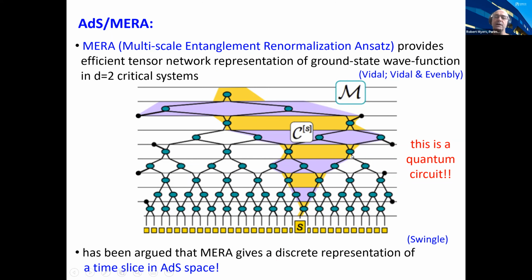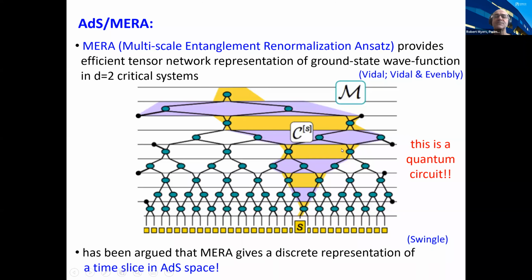One of the features that Guifre Vidal showed in his construction is that this object is really a quantum circuit. You can imagine that I start up here with a string of spins that are all spin down, as I described in explaining complexity.